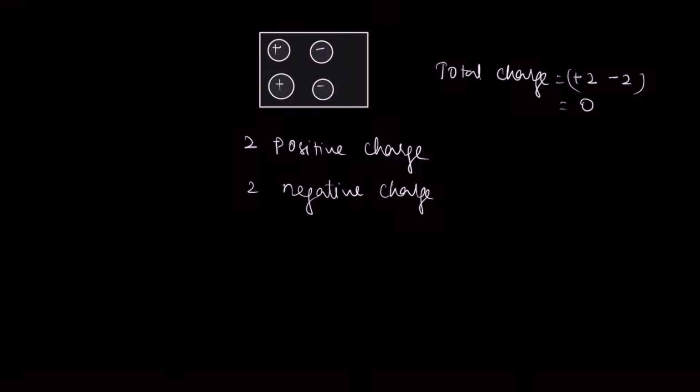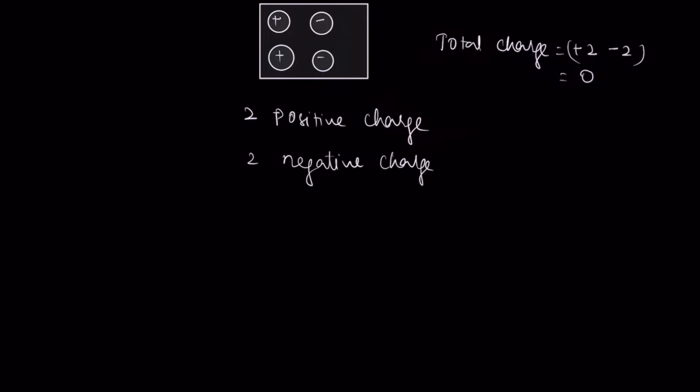So in this matter, charge is present, but total charge is 0. So that's why when you touch the book, you will not get any shock, or from any other material. The reason behind that is the same number of electrons and protons are present.